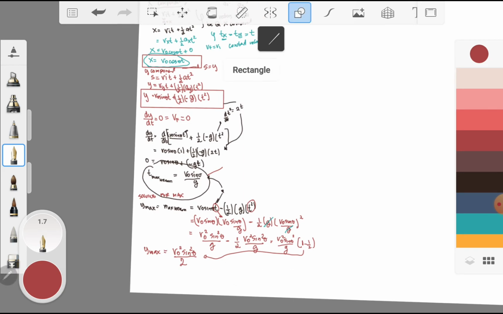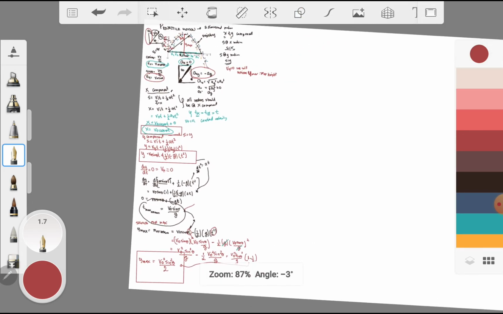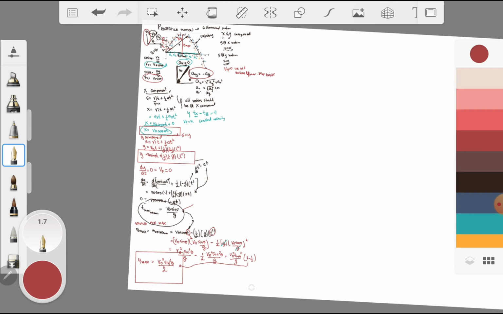So this is another important formula. Take note that this is the formula when you are solving for the value of your y max plus the value of your datum if it is not 0. Okay? That is the value of your y max.